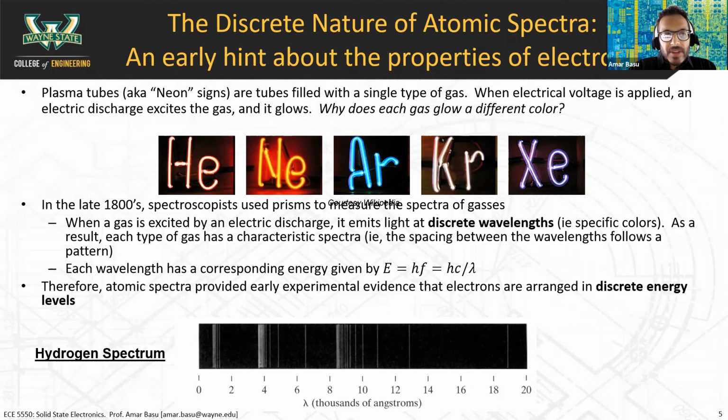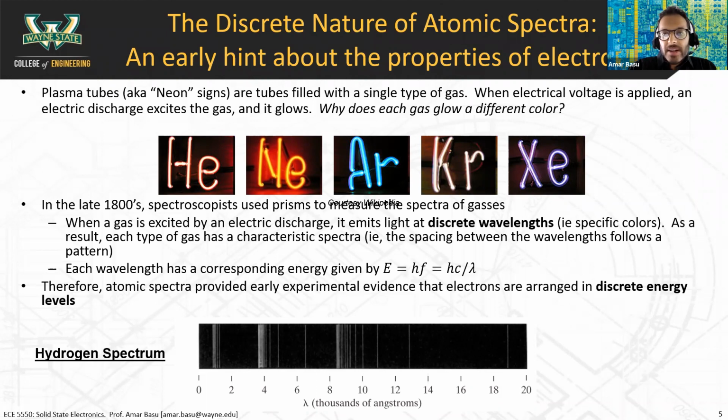Okay, so here's the observation. The observation was that plasma tubes, or neon signs, these are signs or light bulbs that are basically tubes filled with gas. You have a glass tube. First, all the air is pumped out of it, so it's in vacuum, and then you pump in a certain type of gas.